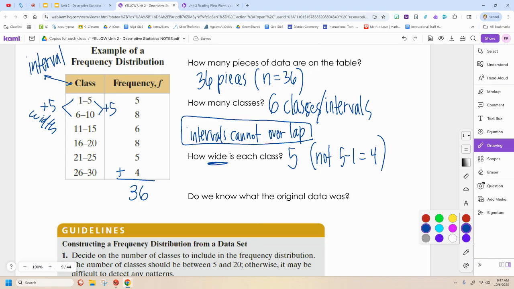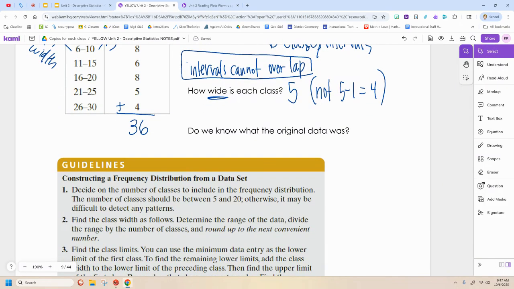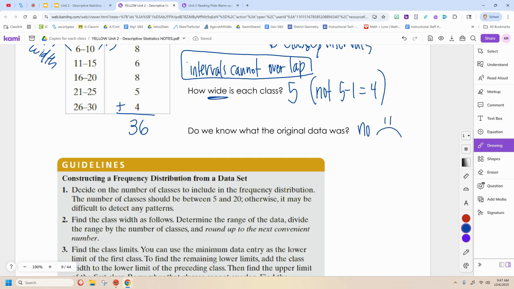We're on page 9 in our note packet. We do not know the exact values. We just know the range. We could estimate a mean and a median, but we don't know exact anymore. We can estimate summary statistics.